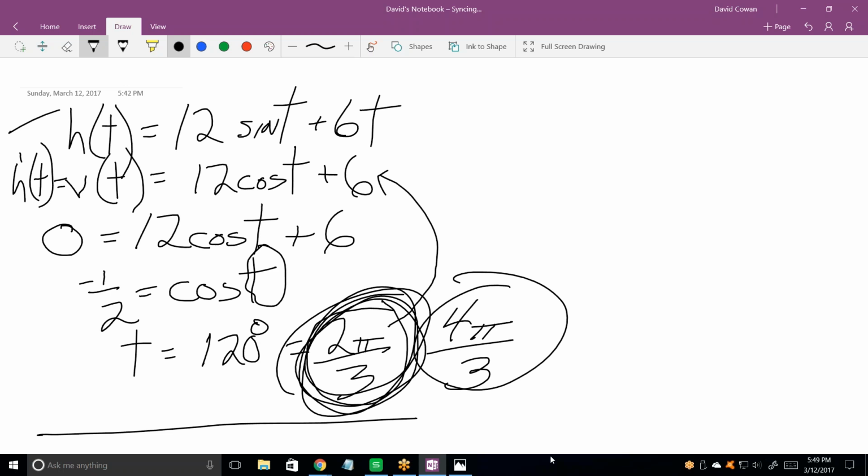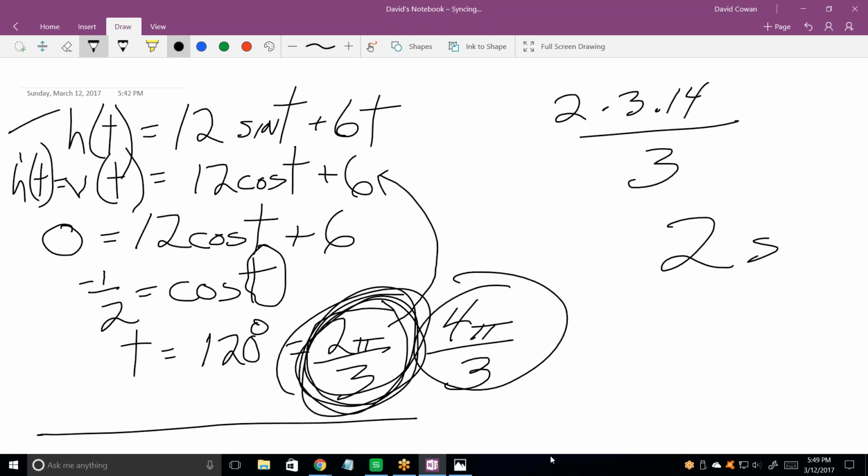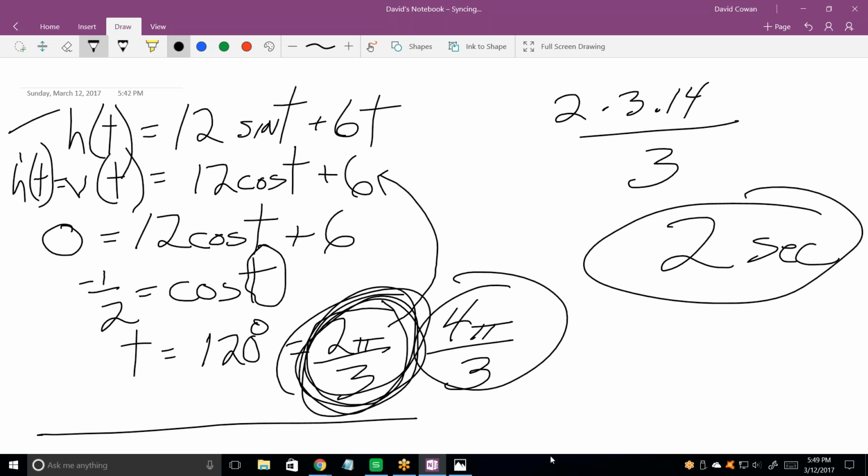And what is that number? Well, 2 times 3.14 over 3. Well, that's close to 2. 2 seconds, approximately 2 seconds. That's what 2 pi over 3 is, approximately 2 seconds, 2 seconds and change.